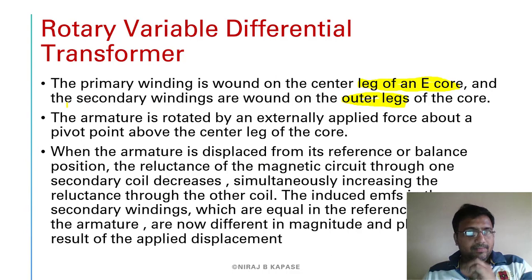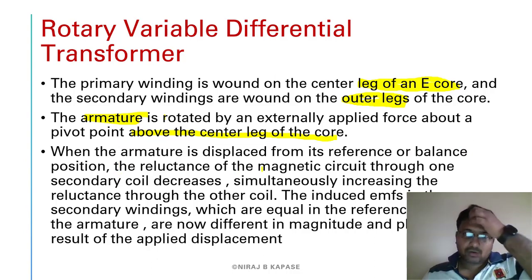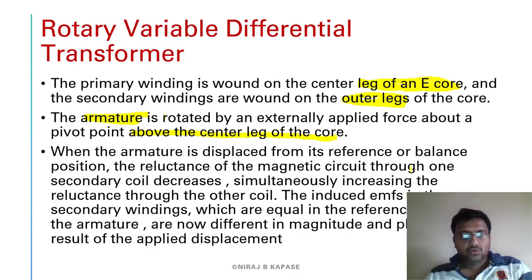The armature is rotated by an external applied force. There is one armature, and that armature is rotated by the external applied force about a pivot point above the center leg of the core. When the armature is displaced from the reference or balanced position, the reluctance of the magnetic circuit through one secondary coil decreases. So again, we have two secondary coils.